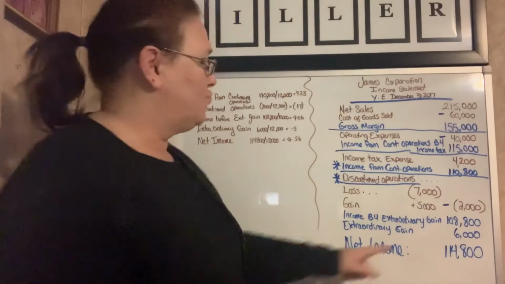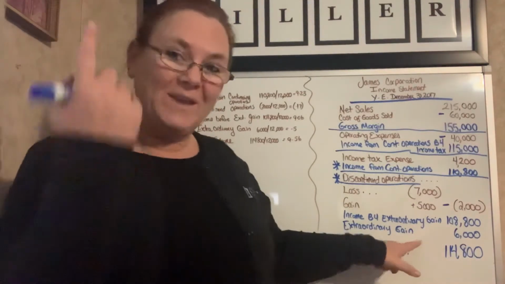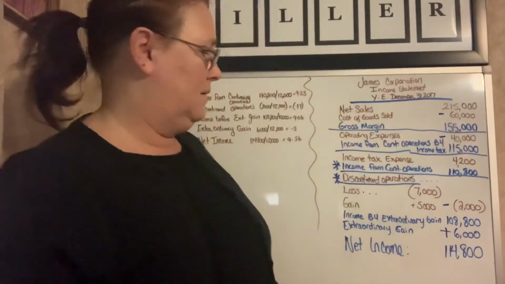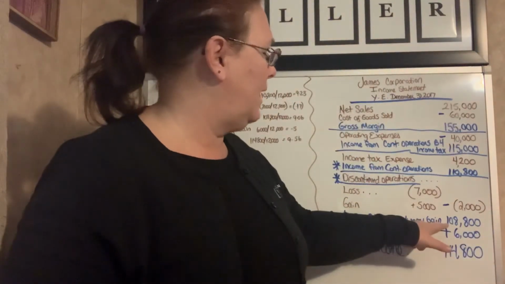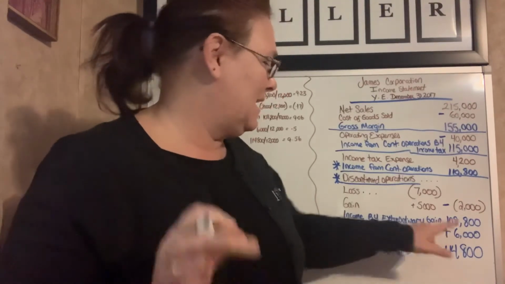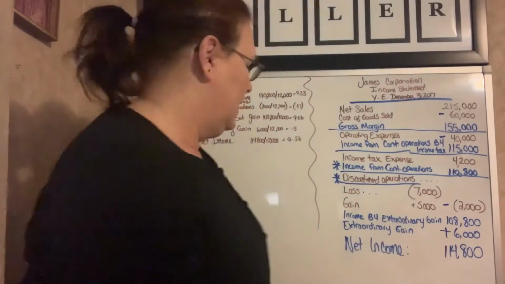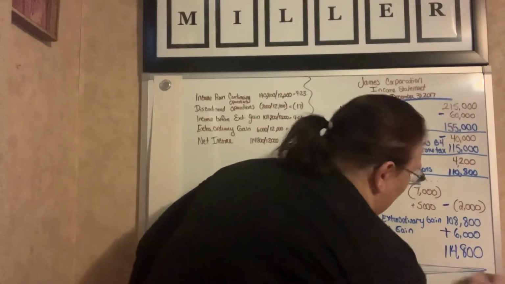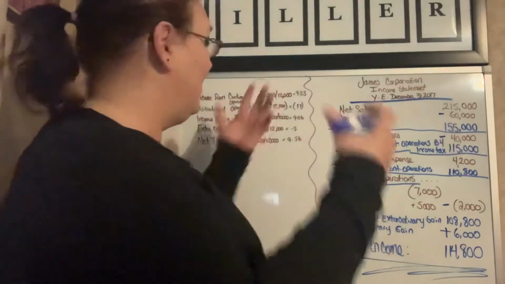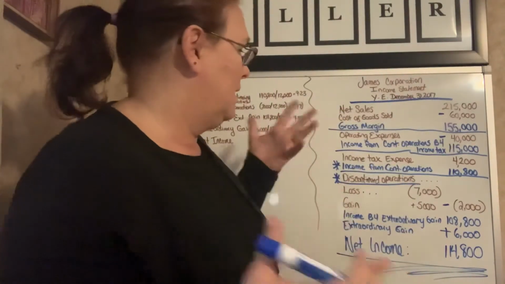Then you have an extraordinary gain. A gain is a positive, so we're going to add there. So we have 108,800 plus $6,000 gives you your net income of $114,800. And that is your income statement completed.